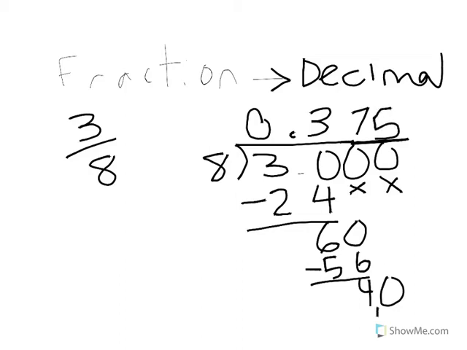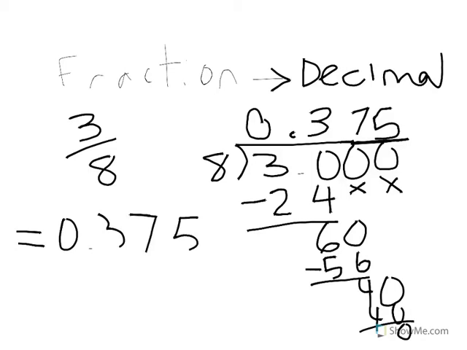Which gives us a remainder of 0. So that is the decimal for 3/8. So 3/8 is equal to 0.375. Okay, cool. So we've converted from a fraction to a decimal. In order to do that, it's just long division.